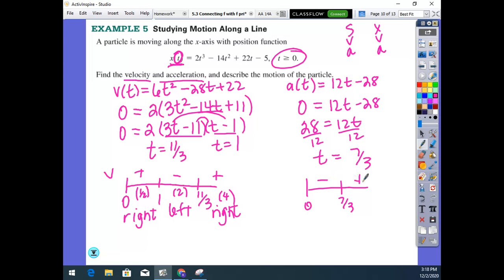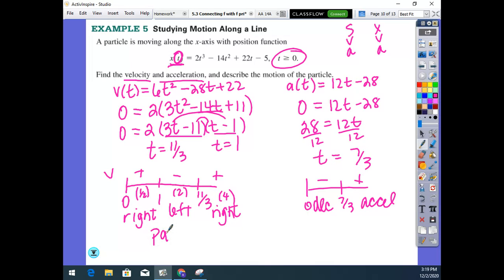Plug in 3 is positive. So notice if the acceleration is negative, it's decelerating. And if the acceleration is positive, it's accelerating.